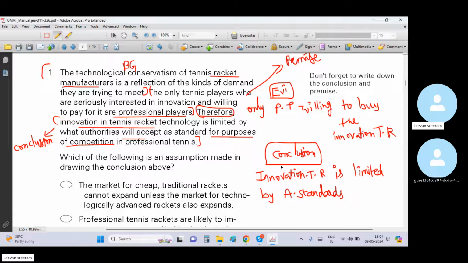So you can raise a why question on this particular conclusion, like why is innovation in tennis rackets limited by authority standards? The evidence must be the answer.